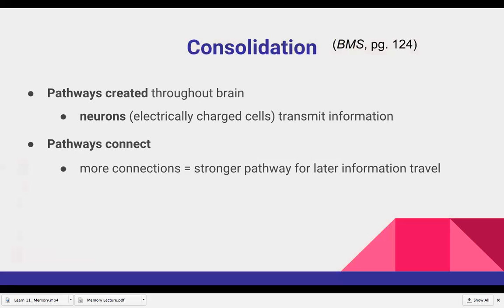Now imagine a single-laned highway and a double-laned highway coming together and creating a much wider, stronger pathway for later information to travel on. This means that the more that we learn, the better we learn, the more efficient learners we are, the more we are capable of learning.